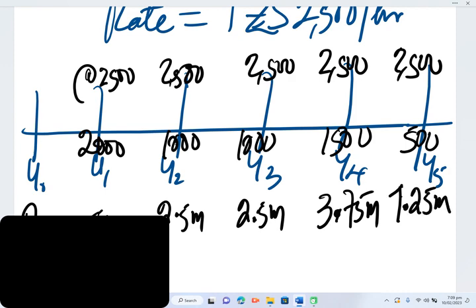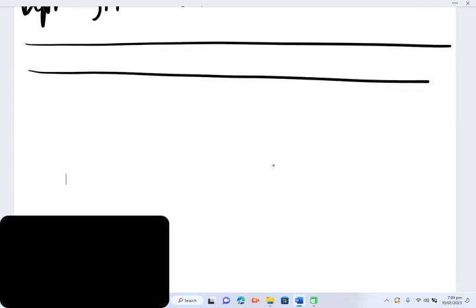Kwa hiyo unaandaa nini? Depreciation schedule. Utapiga mstari. Kwa hiyo na nini? Kwanza ni years. Alafu cost.